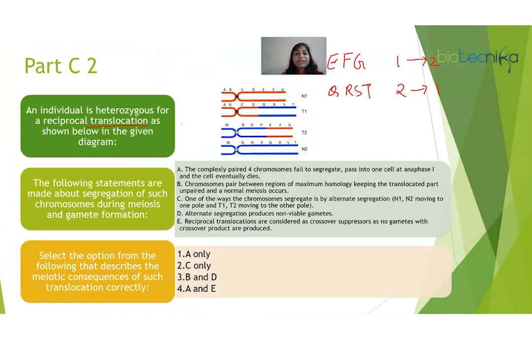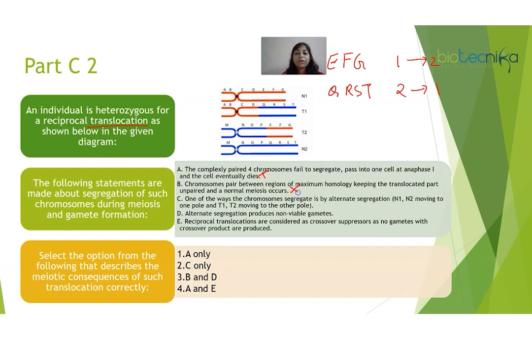Statement 1 says that they will fail to segregate. That will not happen. In fact, these four chromosomes can segregate into the gametes in three different ways. So statement A is wrong. B: the chromosomes pair between the regions of maximum homology, keeping the translocated part unpaired, and normal meiosis occurs.